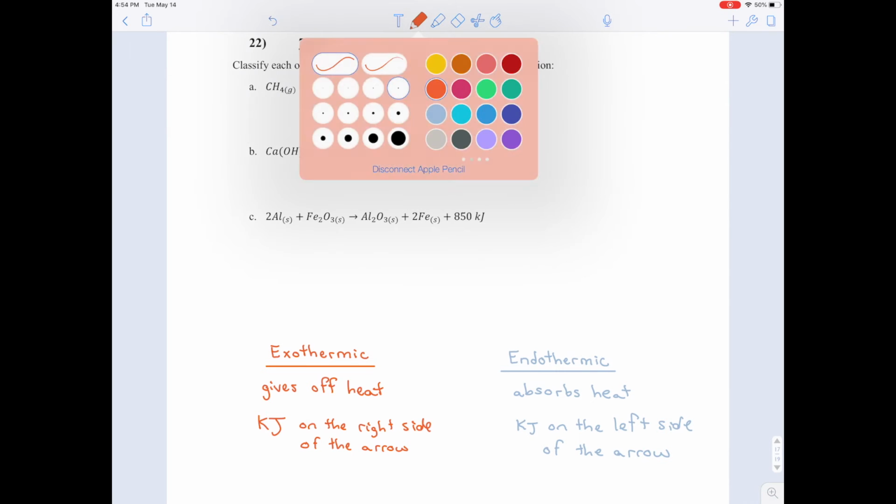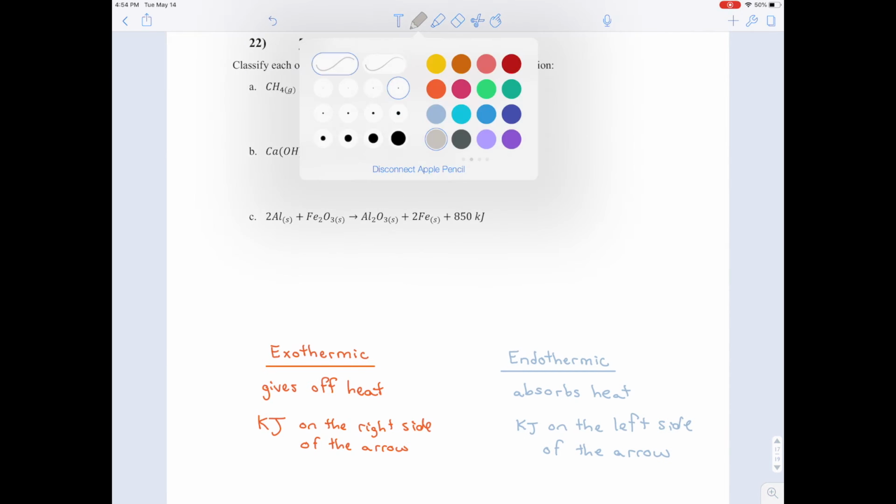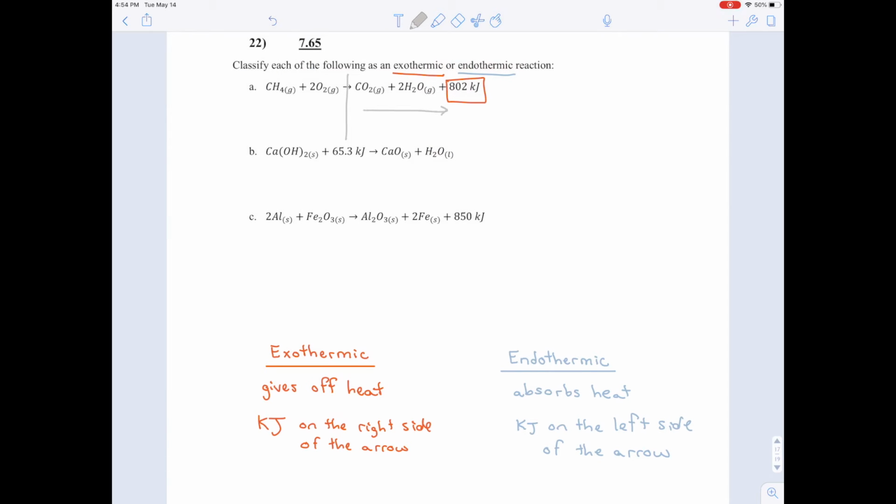So, in the first one, in A, we're looking for kilojoules, and we see it here. Notice it's to the right of the arrow, and so that means that this reaction is exothermic. It's giving off heat. It's producing 802 kilojoules of heat in this ratio.